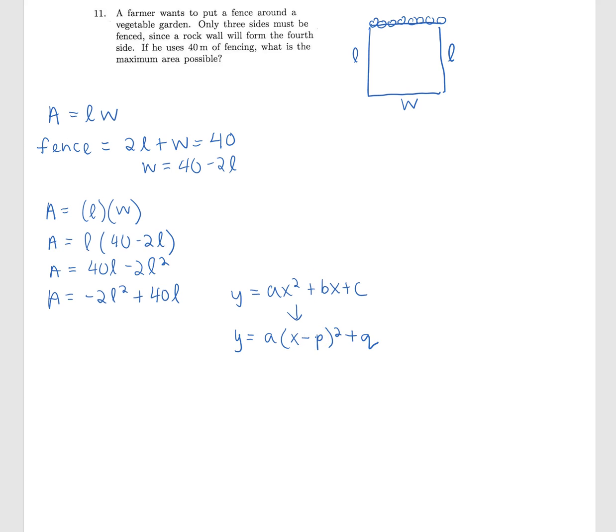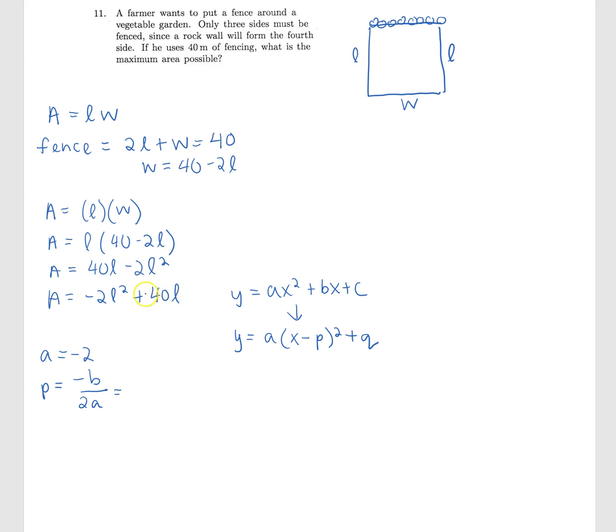And so we know that between the two functions, a is just the same. And so a, we can see, is -2 here. It's the coefficient on the L squared term. So a is equal to -2. We want to find p. From your notes, we know that p is equal to -b over 2a.